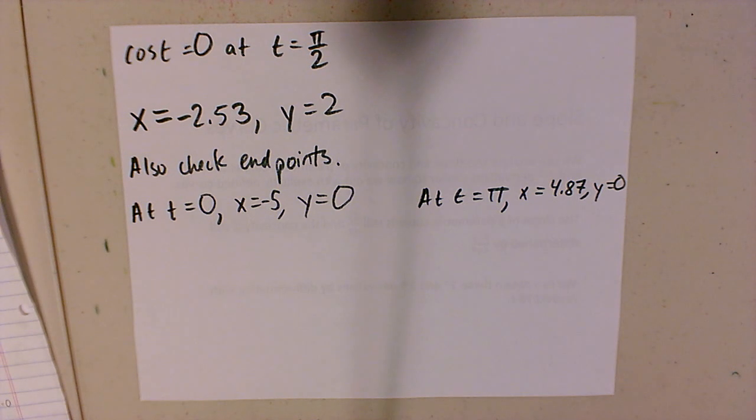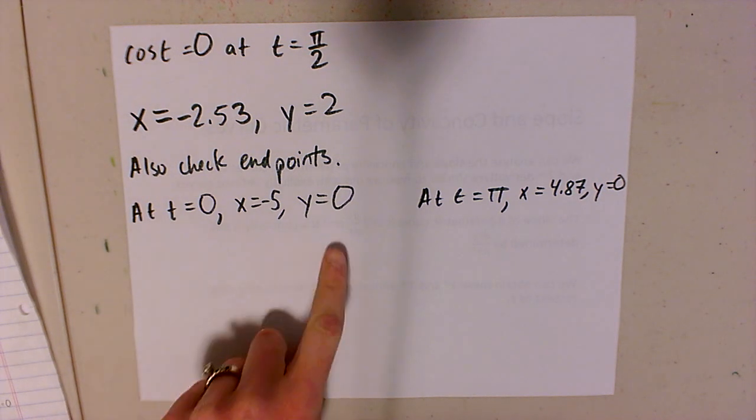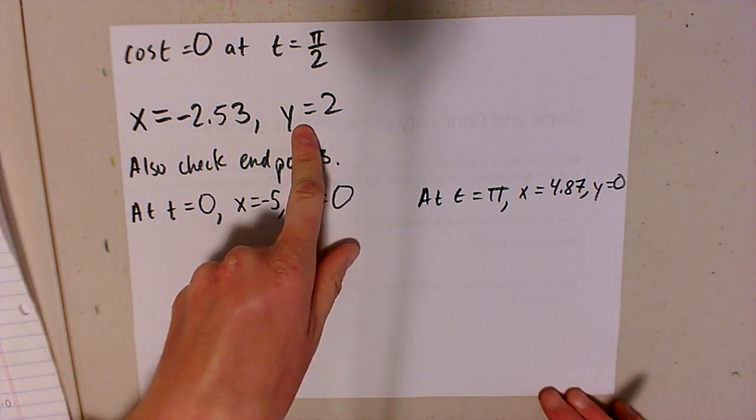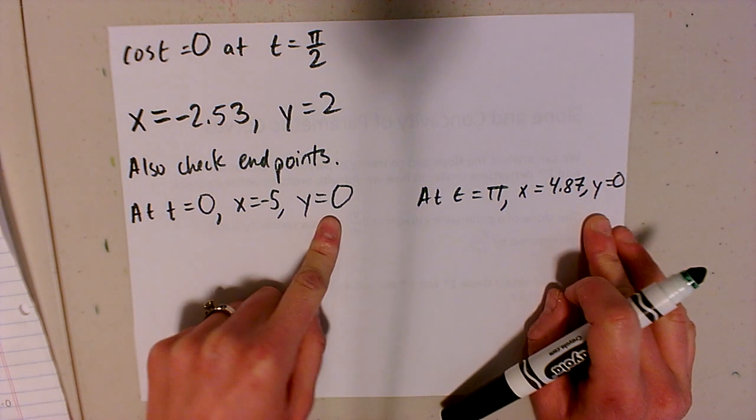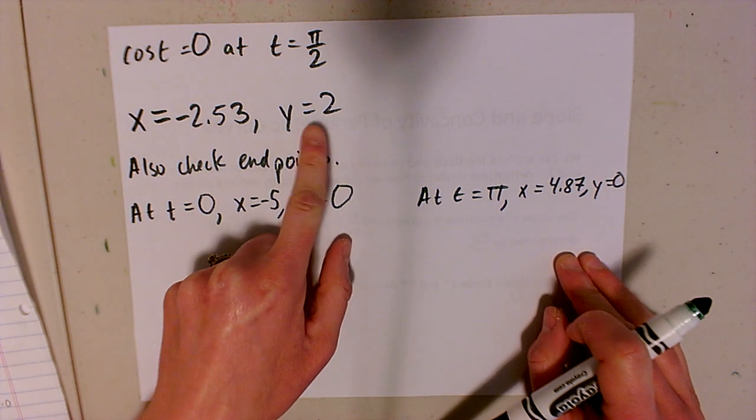Your max, if we're thinking about the highest point, is going to be our max value with respect to y, our greatest y value. Of everything we considered, we've got a y of 2, a y of 0, and another y of 0. So our max y value is right here at 2.